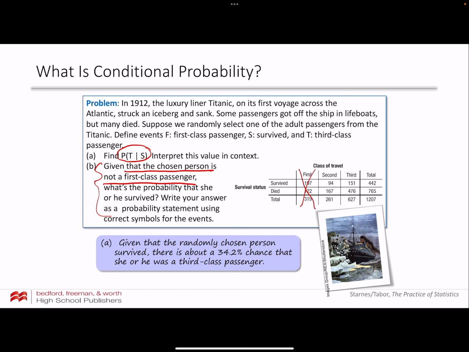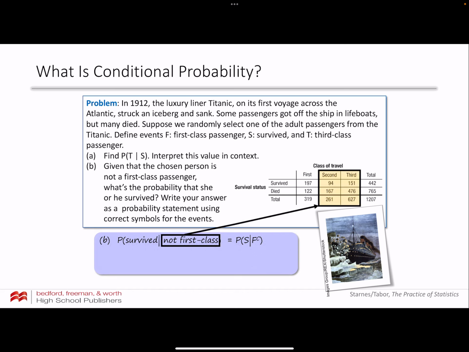And I'm looking at either second or third class passengers, these people here in the yellow highlighted box. In terms of notation, remember being not first class is a complement. So this would be the probability of S given F complement.